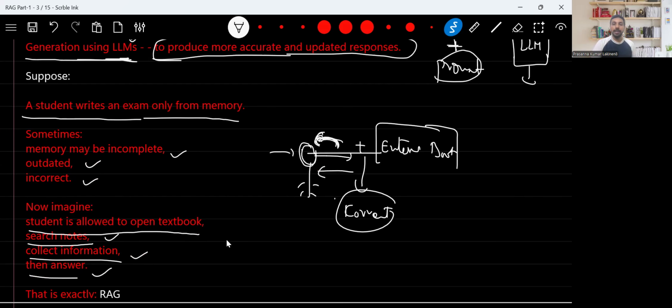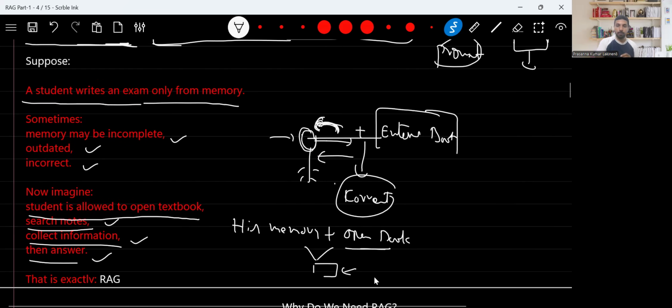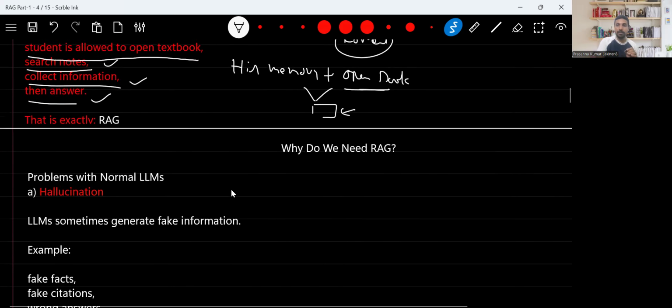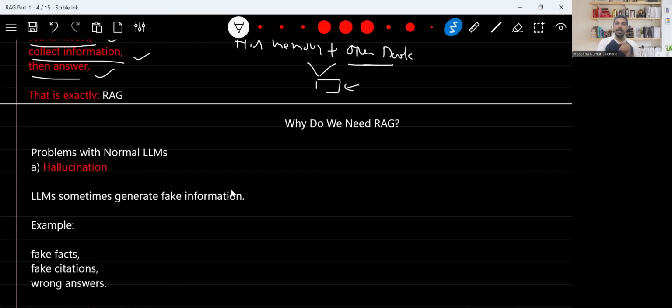That means his memory plus open the book to search the relevant information, both he has combined and he is trying to answer the exact required information to the prompt. That is where the RAG stands for. I think you are understanding.